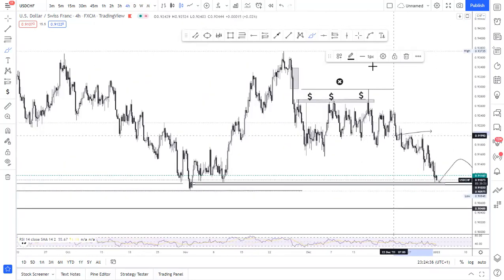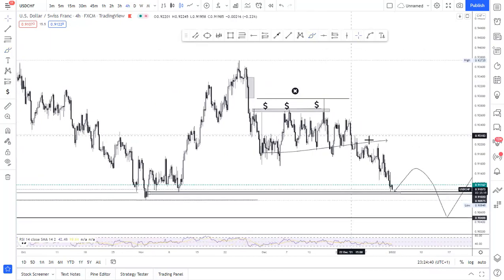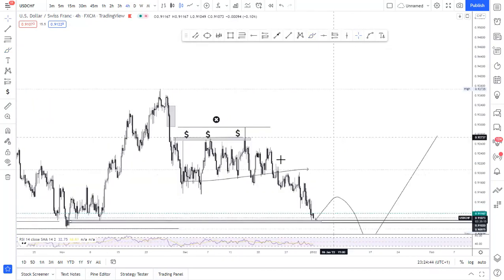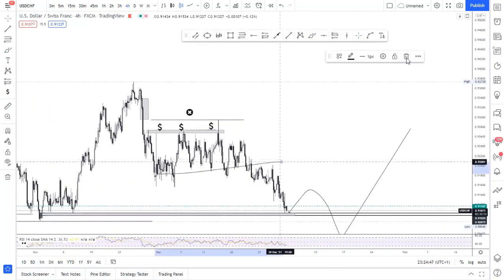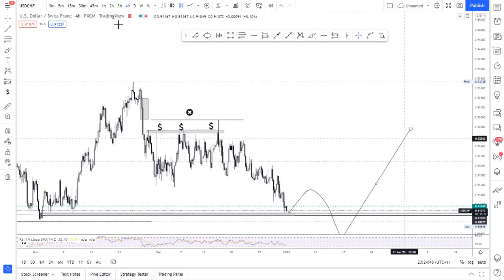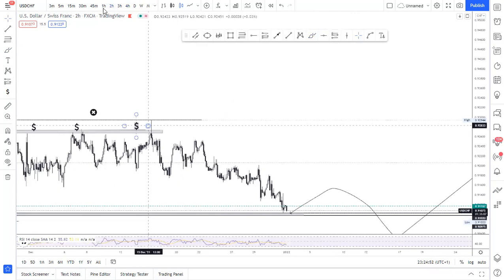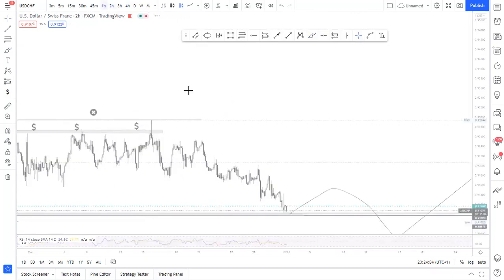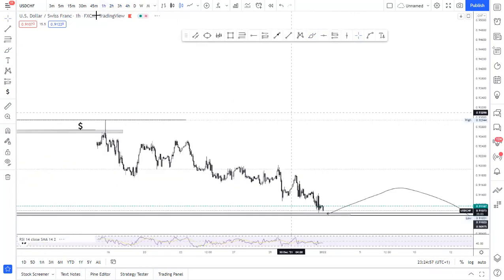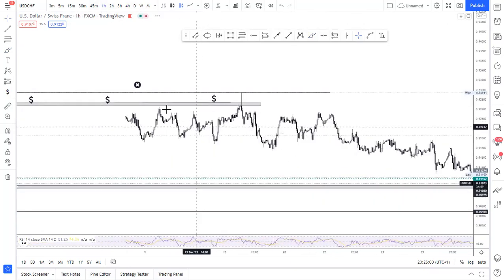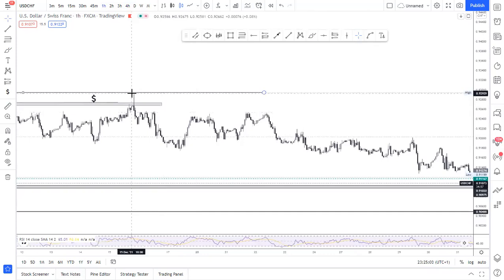So we're likely to see price come back to this area. If we go on a lower time frame, let's say 1 hour. Okay, let's go down, because if you understand candlestick psychology very well, there's an open order right here.